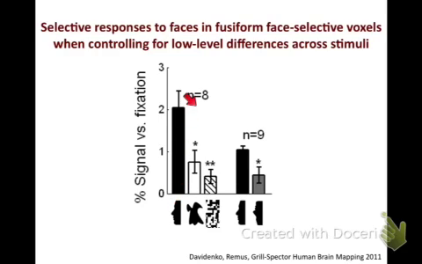And as you can see, the response to faces is about double the response of shapes, and even higher than scrambled objects. Interestingly, the selectivity is maintained if you compare responses to upright face silhouettes compared to upside-down face silhouettes, and this is because when the silhouettes are presented upside down, they're no longer perceived as faces.